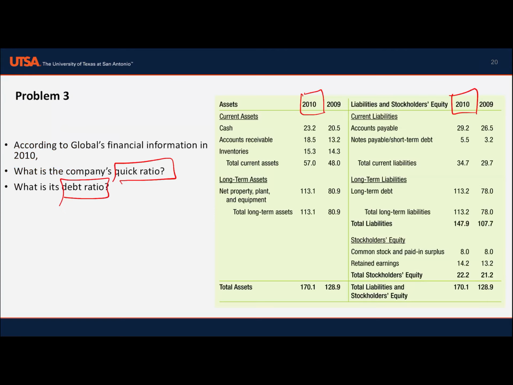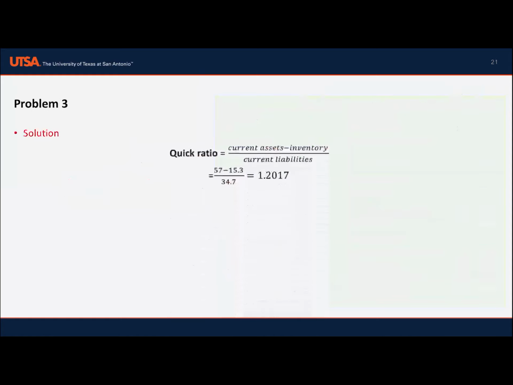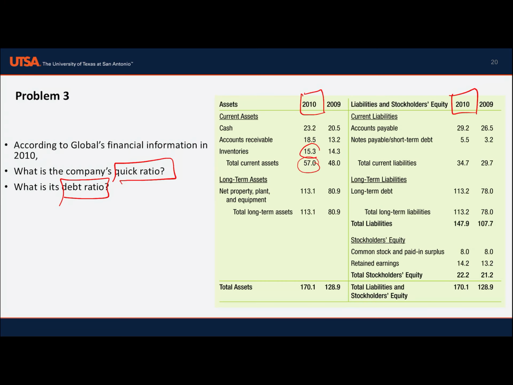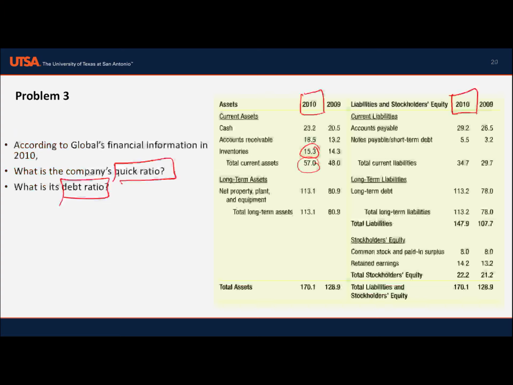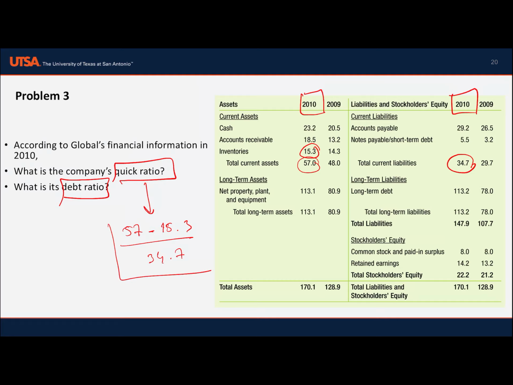So current assets are 57, minus inventories 15.3, divided by current liabilities 34.7. This is the quick ratio.